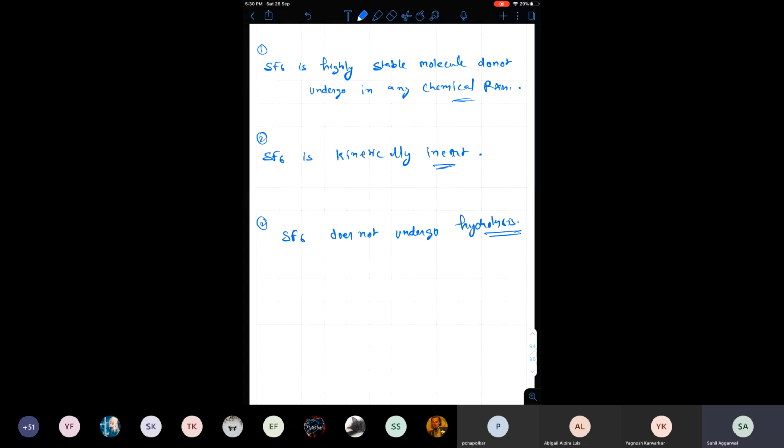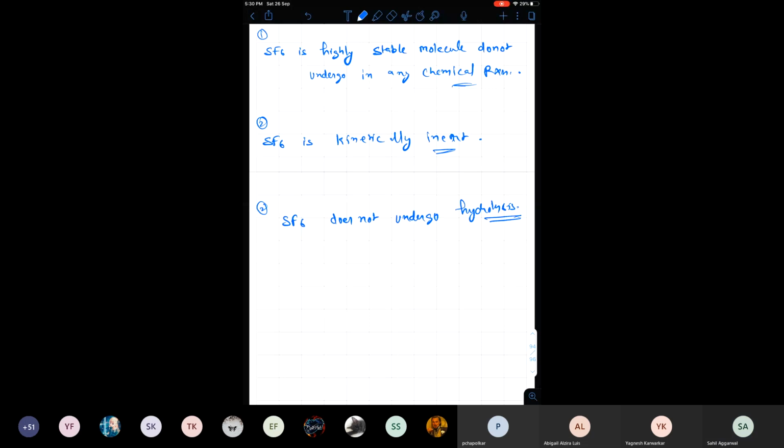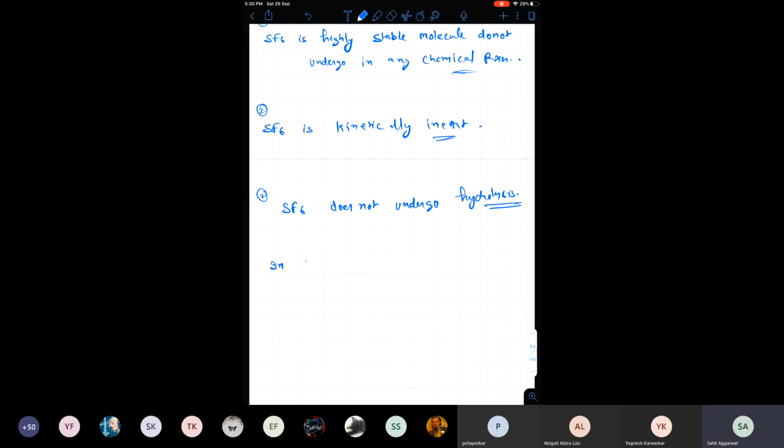हमें क्या लिखना है आंसर? In SF6, sulfur is sterically protected by 6 fluorine atoms. Hence, it is highly stable. उस पर इसका स्ट्रक्चर बना देना है.